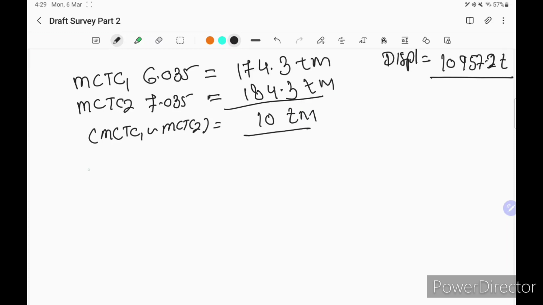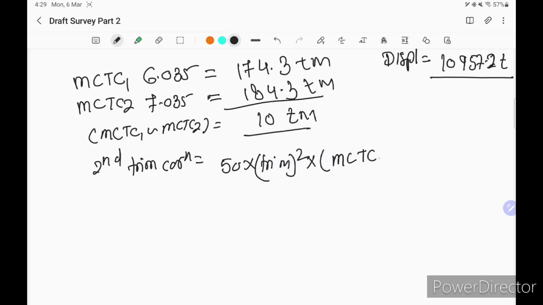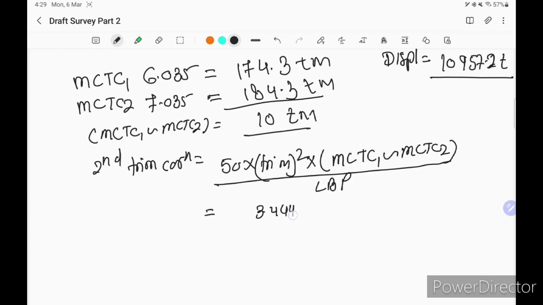Okay, now we'll apply this value in the second trim correction. Second trim correction is equal to 50 into trim square into the MCTC difference, divided by LBP. So we'll get the value 3.444 ton.